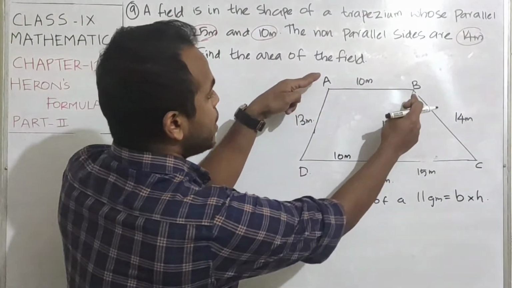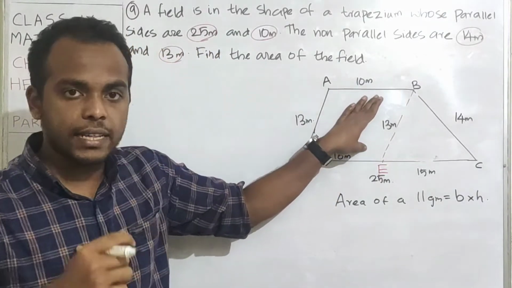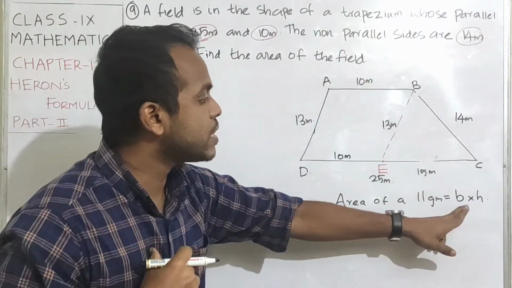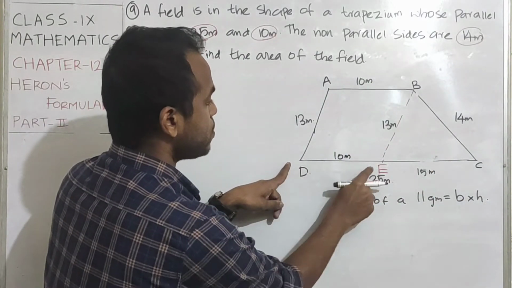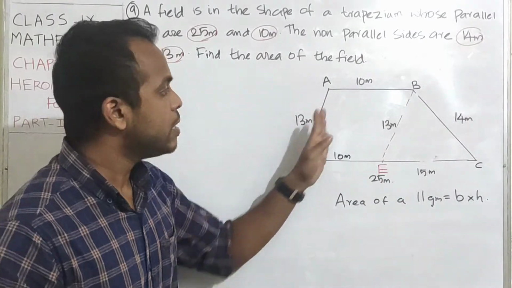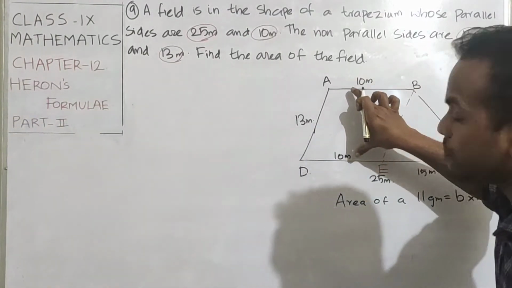It is this parallelogram's area that we need to find. We do have the base, which is 10 meter, but we don't have the height of this parallelogram.